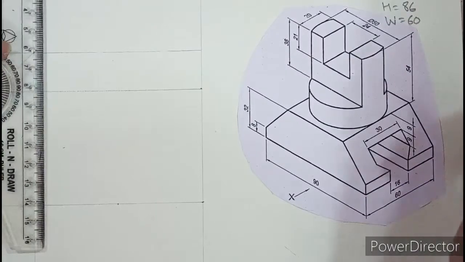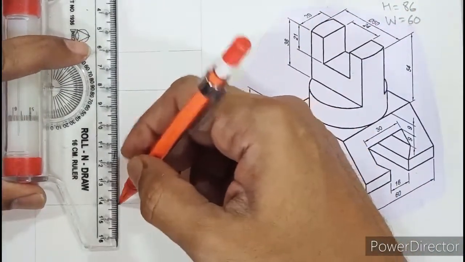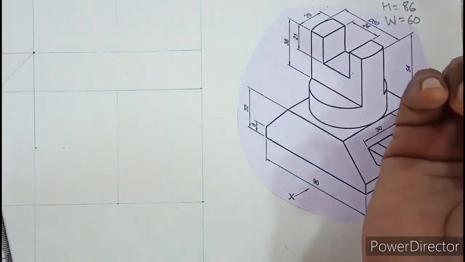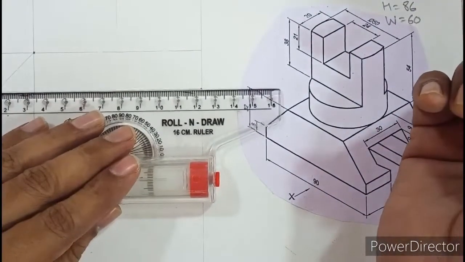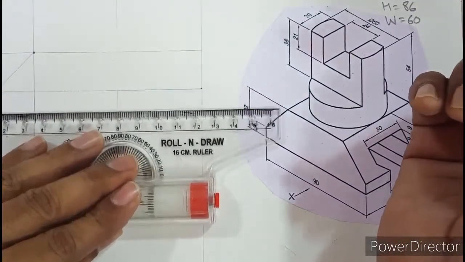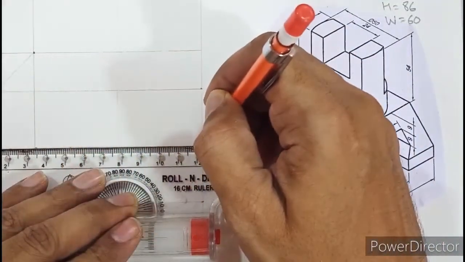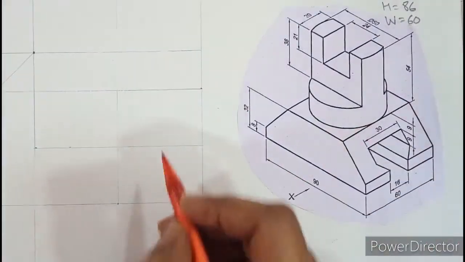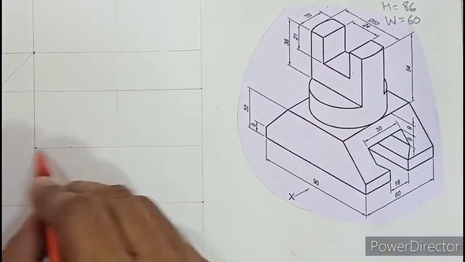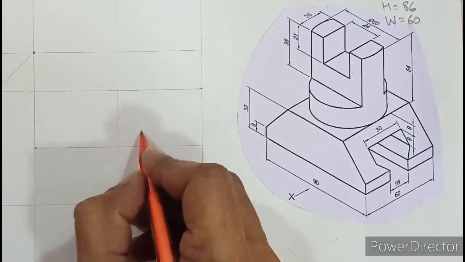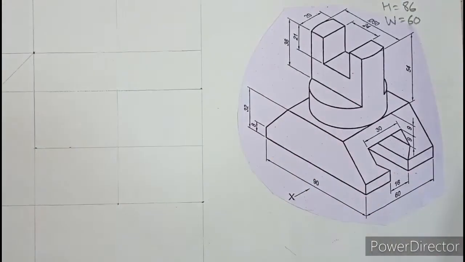From here I'll extend this up, it will be required further, and from here I roll this down. The intersection of these two lines is nothing but the center of the cylinder, and from here we can draw a circle of diameter 50.